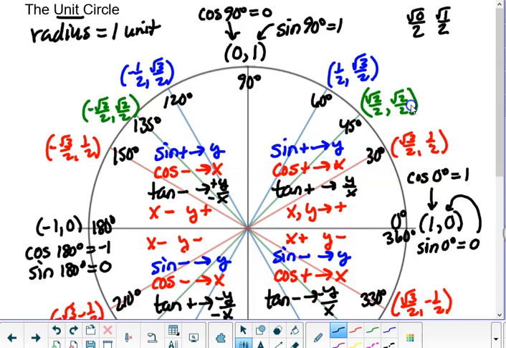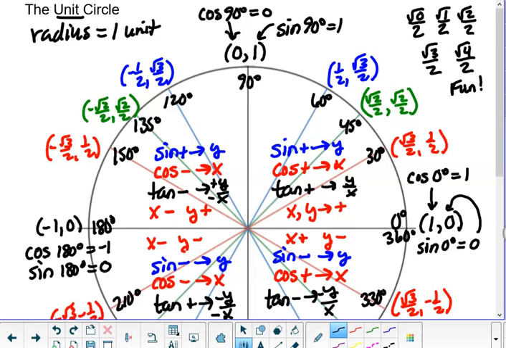Then square root of 2 over 2. Then square root of 3 over 2. And then 1, which we could think of as the square root of 4 over 2, because that would equal 1. So notice that interesting pattern: square root of 0 over 2, square root of 1 over 2, square root of 2 over 2, square root of 3 over 2, square root of 4 over 2.